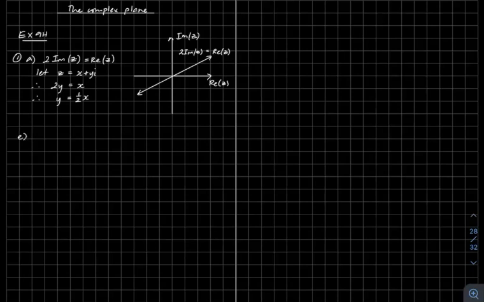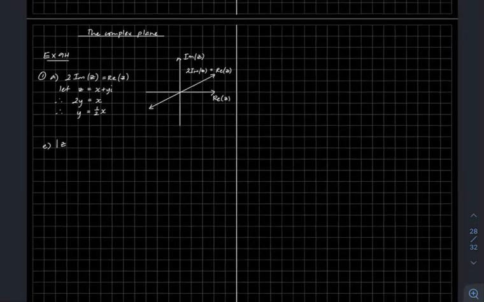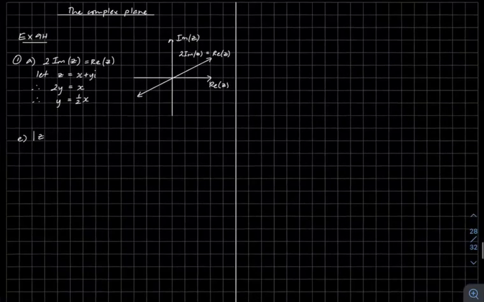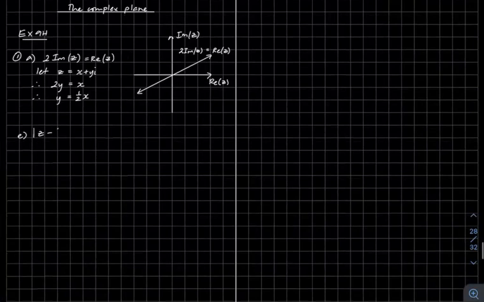Let's go one here that's a little bit more complex. We've got the modulus of z take away 1 plus root 3i is equal to 2. Let's first take the same approach as above, but then this one will establish a more general pattern for us.